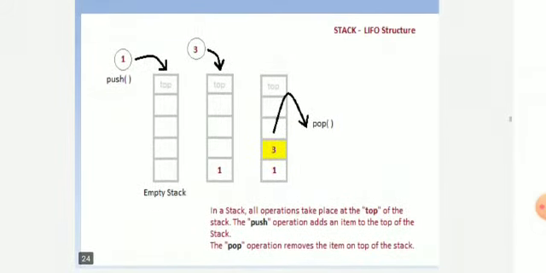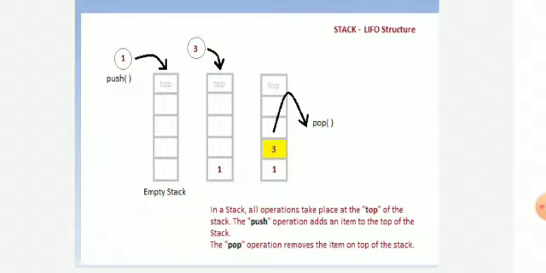Here you can see in this figure I am inserting the number one into the empty stack. Then I enter the number three from the top of the stack only, so the push operation is performed. Suppose you want to delete the number three, then I have to perform the pop operation.